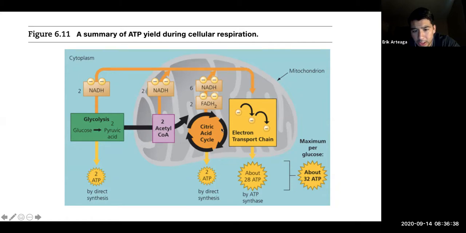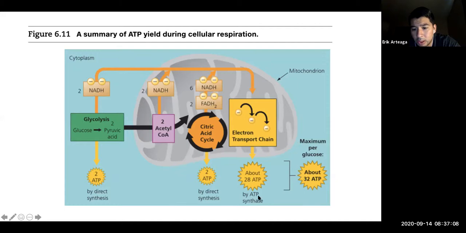Again, the citric acid cycle is only used to gain these NADHs and these FADH2s to go down this electron transport chain. Okay. This is only going to yield two ATP, which is the same as glycolysis, but you only take up those two NADHs, right? You need this NAD again to convert into NADH for glycolysis, or else glycolysis does not work.